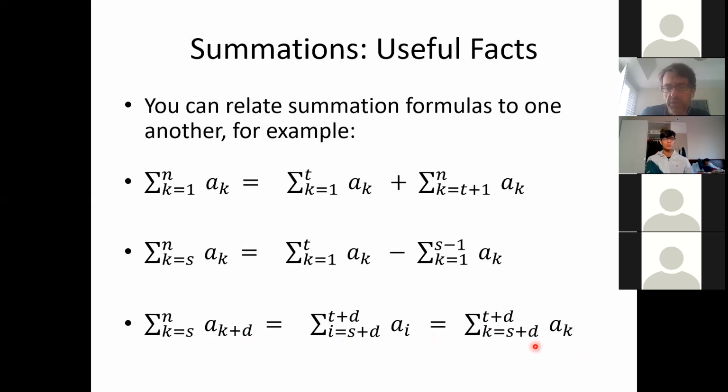In this expression, it's the same as this expression, but with this variable being effectively this one plus d. But seeing this is easier when it's explicitly called a different variable. It's just that this equation is also true.